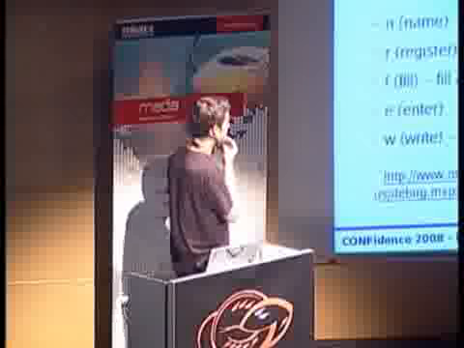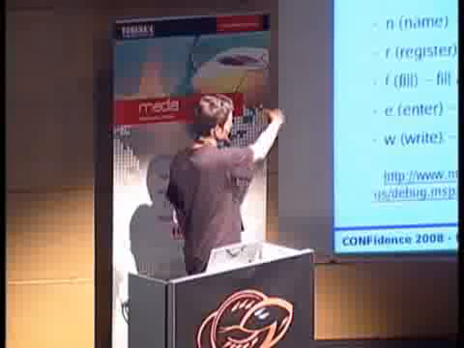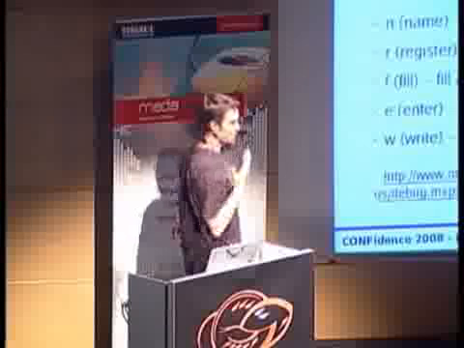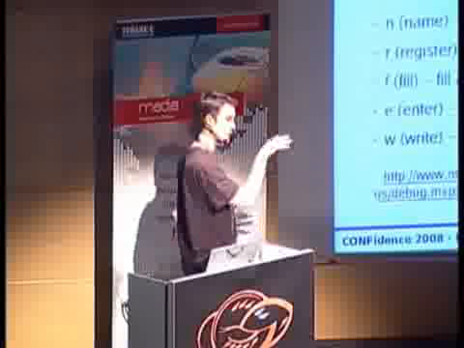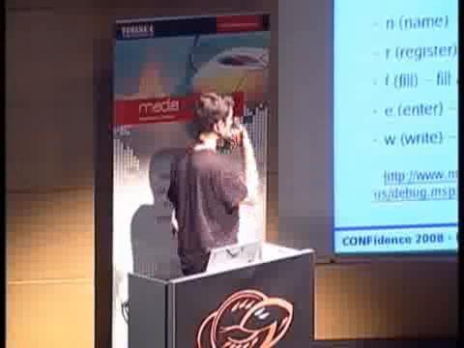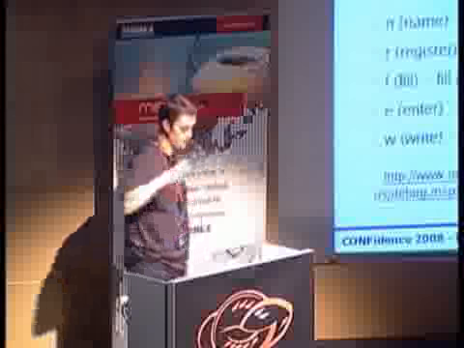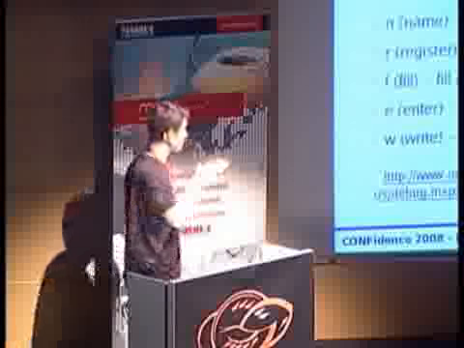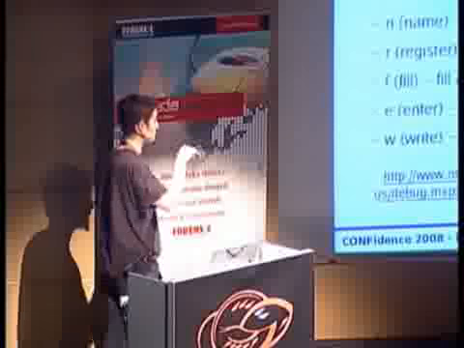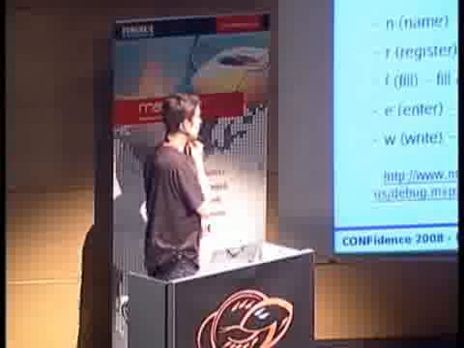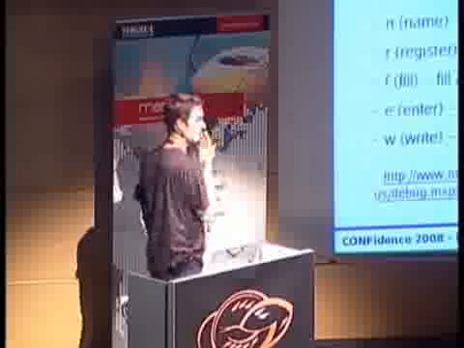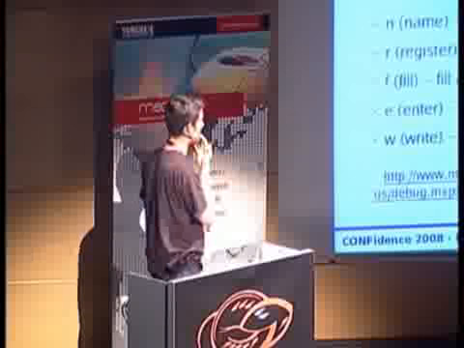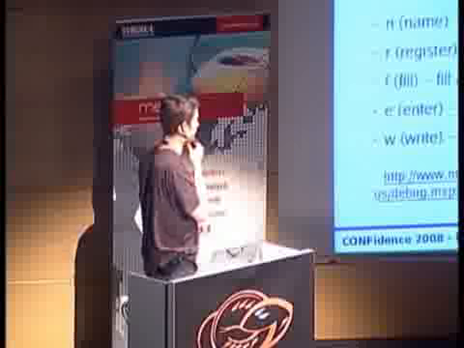The commands that are interesting to us are: N, which specifies the file to debug, in our case the file to create. RCX, which writes a value to a specified register. F, which fills the memory segment with a specified value. E, which writes a specified value into a specified memory address. And then W, which writes the memory into the file that we specified.